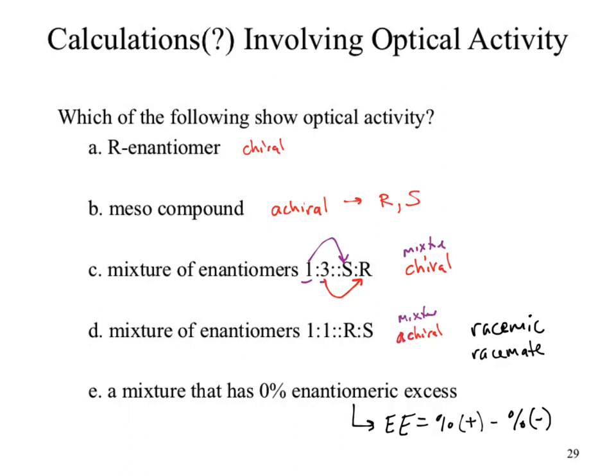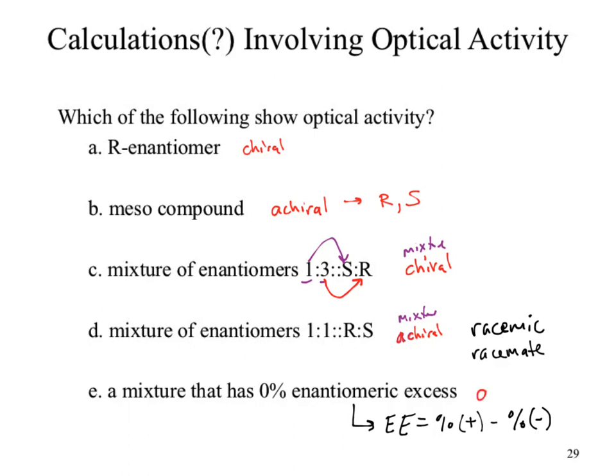If I have a 0%, what is the percent positive and the percent negative? 50-50, which by definition means we have a racemic mixture and we have no optical activity. Make sense?